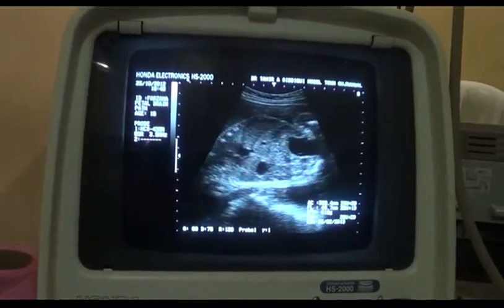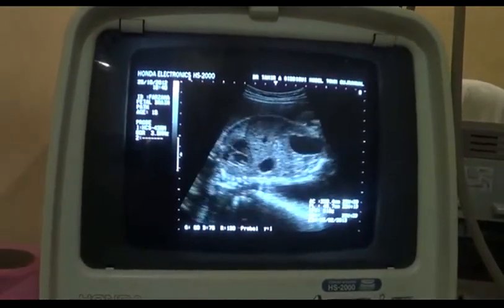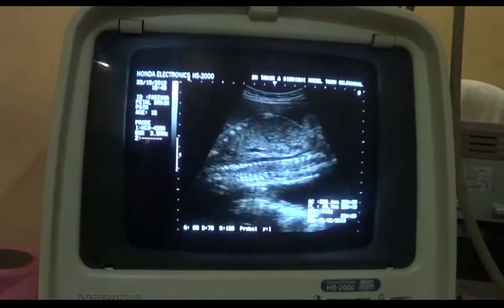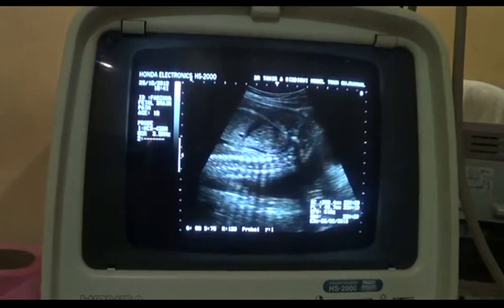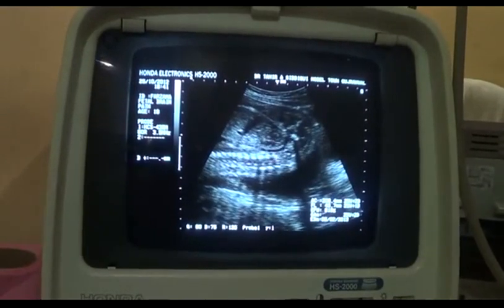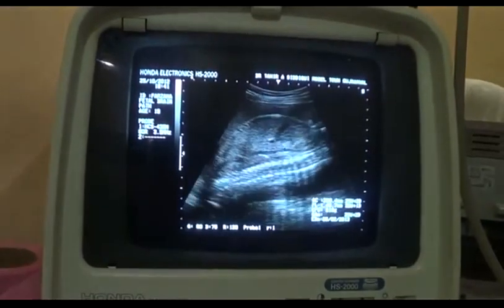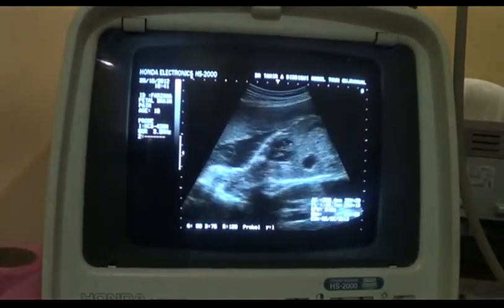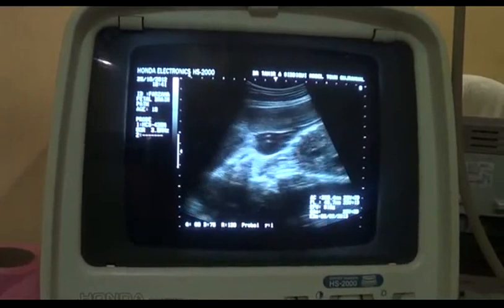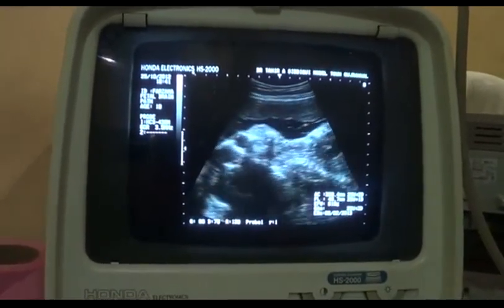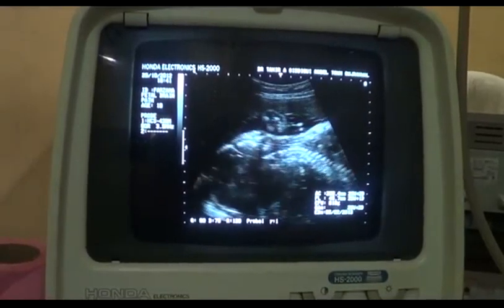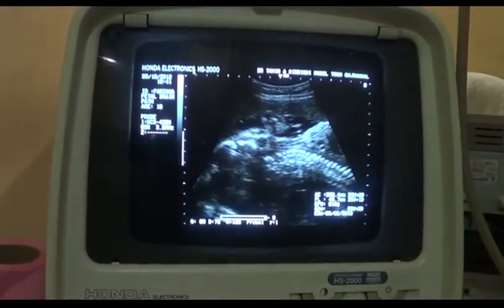This is the longitudinal section of the fetal body along with the vertebral column, and there is no anomaly seen. This is the caudal end of the vertebral column, no anomaly seen. And this is the fetal neck region, and we don't see any pathology here as well.